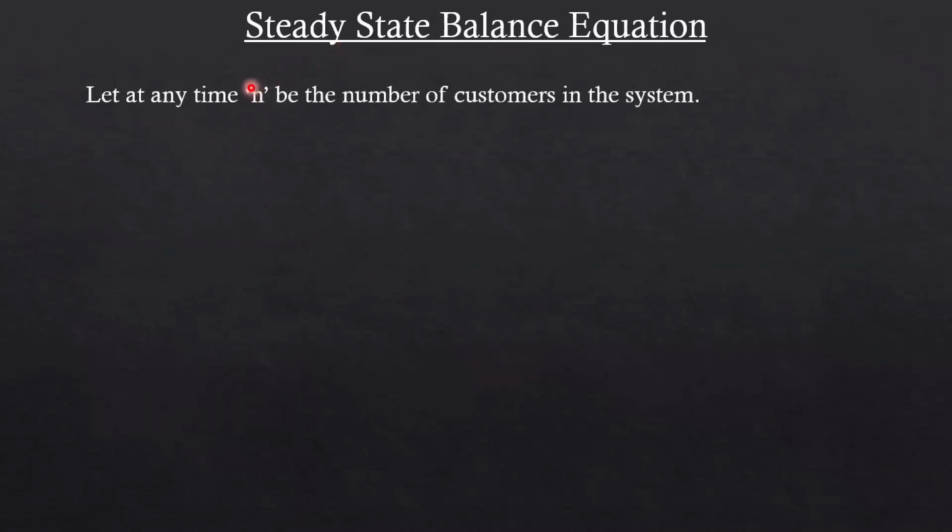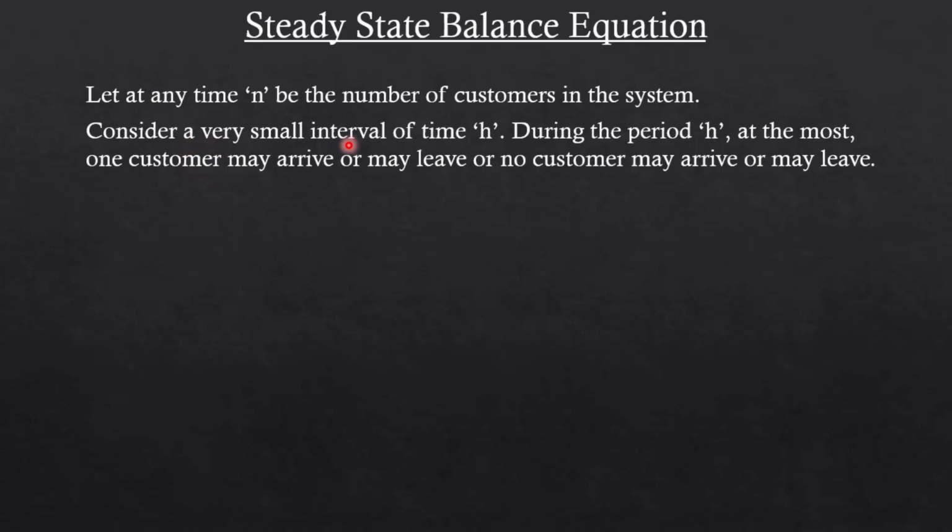Now let us understand the steady state balance equation. Let n be the number of customers in the system at any time, and consider a very small interval of time h, during which we assume that only one event can take place.